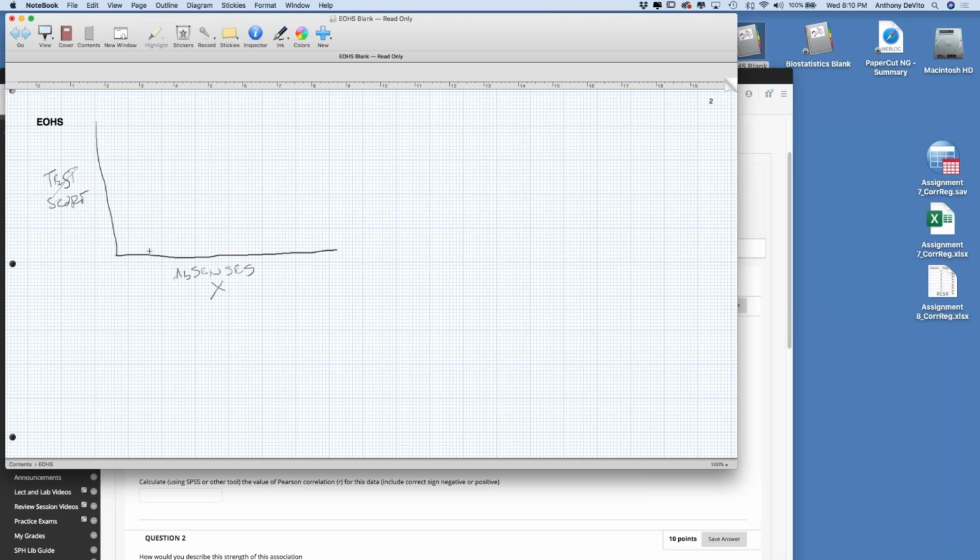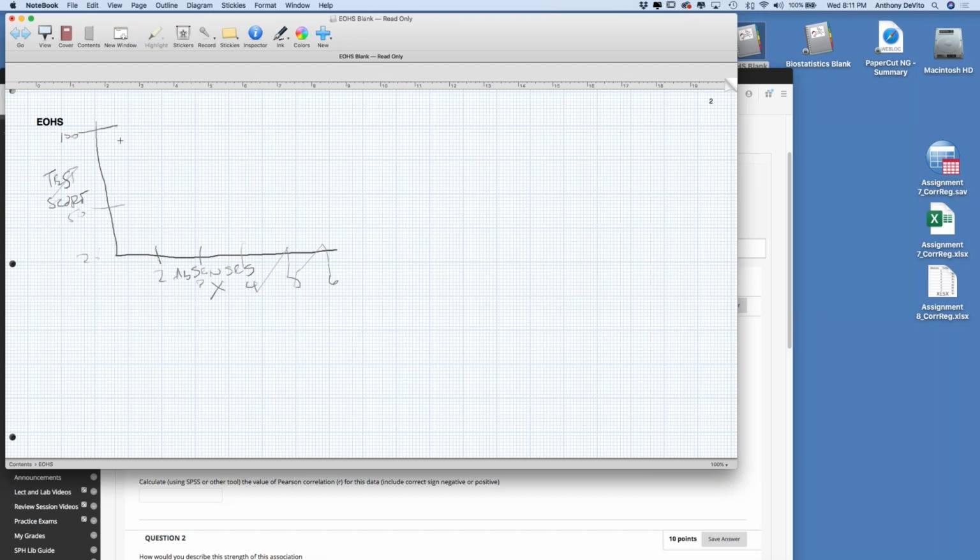Okay, so let's say number of absences 1, 2, 3, 4, 5, 6. And let's say that one of the students missed 2 classes, and their test score was 100, and maybe this is 50, maybe this is 25, though it's going to be hard for me to go below that because most of them are between 55 and 100.